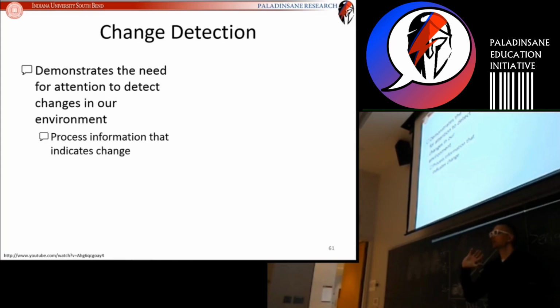We might think we're aware of stuff in our environment, but unless we specifically pay attention to it and process it, we have this illusion of awareness, but we're not actually aware.